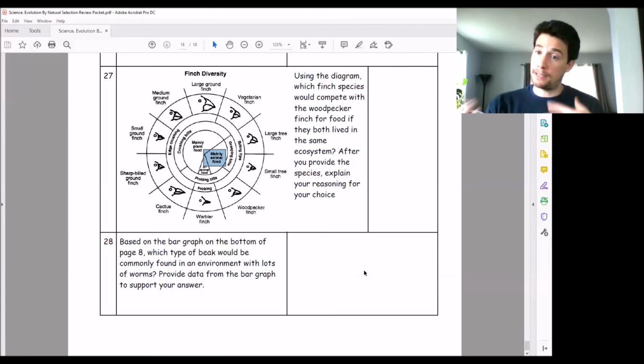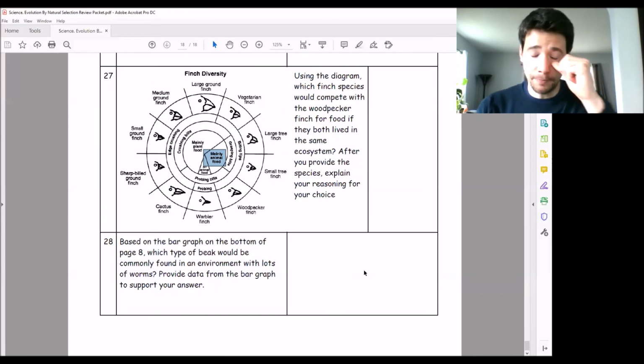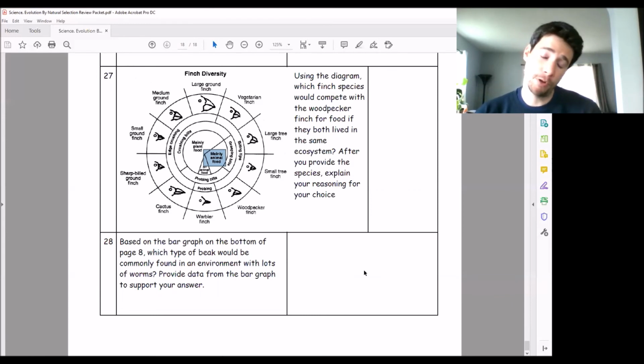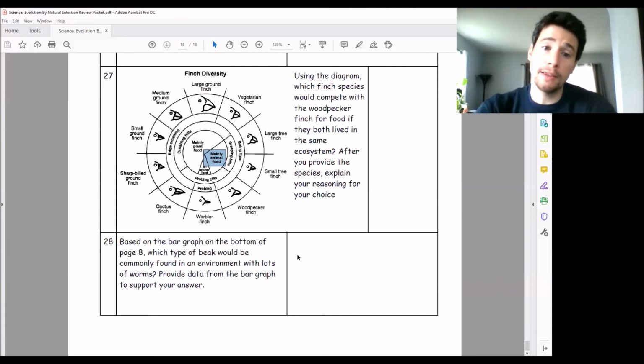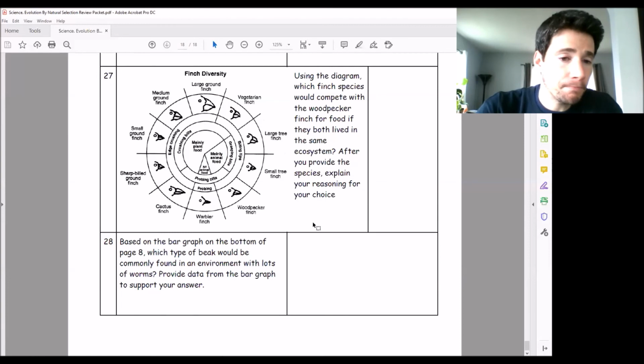Even though their habitat is the same, they fill different roles in the ecosystem. One of them might eat the seeds, and then the other one might eat bugs that exist in dead parts of the tree, or who knows. So these two birds can exist in the same tree, and because they can fill different niches, they have different roles in this ecosystem, okay?